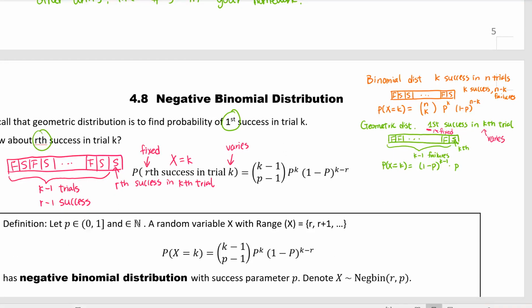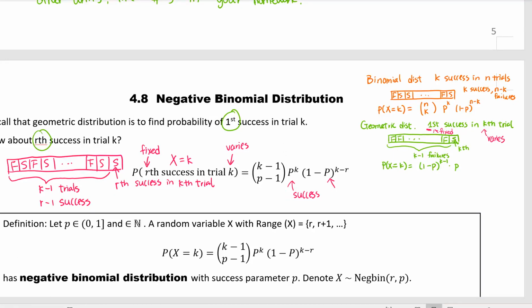In the previous trials we have K minus 1 trials and R minus 1 successes. That's why we have K minus 1 choose R minus 1. And then what's the total number of successes? Oh, sorry, I have a typo here. We don't have K successes.